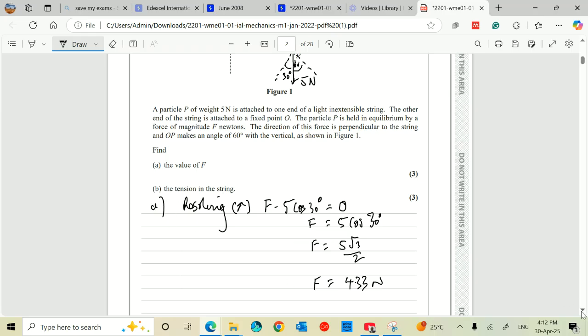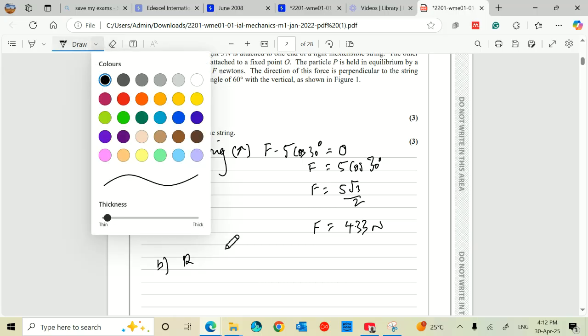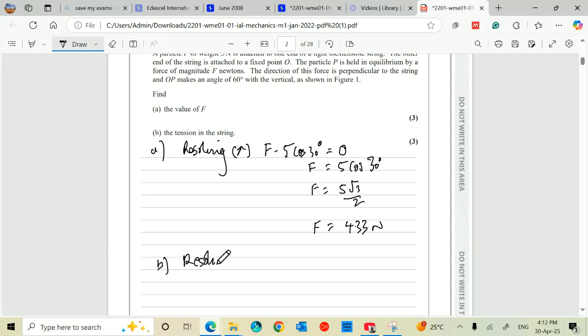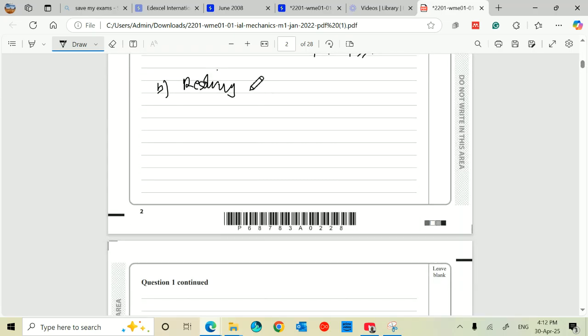Now part B, and I think this is the easier way than resolving horizontally and vertically. If I resolve along the string, in the direction of T, in the direction here of T, I'm going to end up with, so I'll put the arrow this way, resolving along the string.